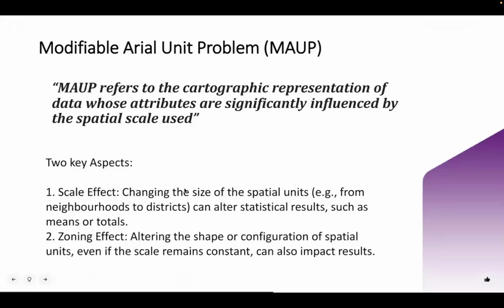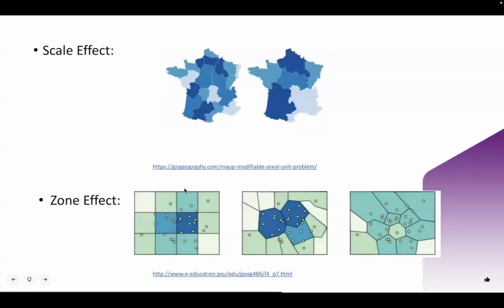So here's a little image to show you the visualizations of a scale effect and a zoning effect. The image at the top is the scale effect, and an example of this would be aggregating crime at city level versus neighborhood level might give different insights. A high crime district might disappear when aggregated to a larger region, like we see here.